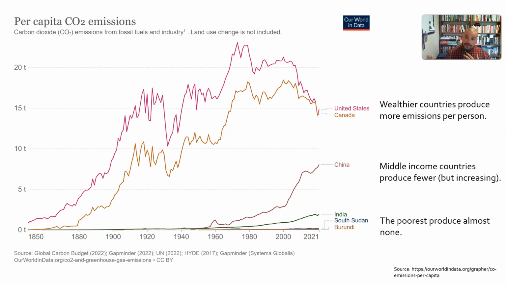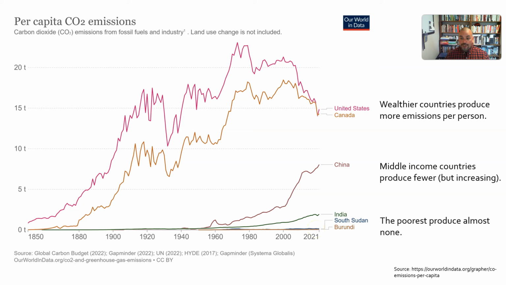Finally, consider the 2 poorest countries in the world, South Sudan and Burundi, which are both located in the continent of Africa. These are 2 examples of countries that have relatively large family sizes, so there's a lot of fertility in that country, and yet their emissions are practically zero. So these are countries where people are still largely farming in small family plots.